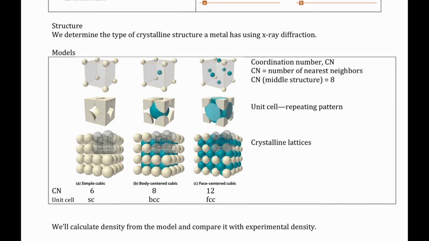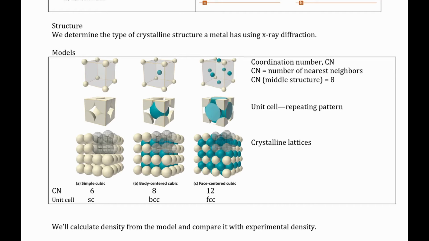Some terms that we're going to be seeing are unit cell, we've talked about that, crystalline lattice, we've talked about, and coordination number, that is how many nearest neighbors each atom has. Go to the very middle structure, the body-centered cubic unit cell. Take that ball in the very center, the atom in the center, and it's touching those 8 corner atoms.